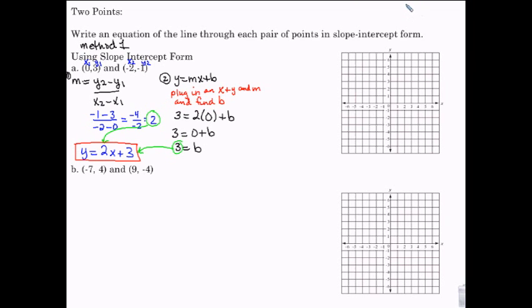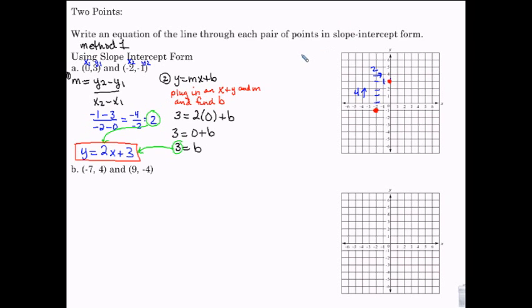Now the other way you can do this is with a picture. You have 2 points. Plot them. I have 0, 3, and I have negative 2, negative 1. And I have a slope: 1, 2, 3, 4, 1, 2.